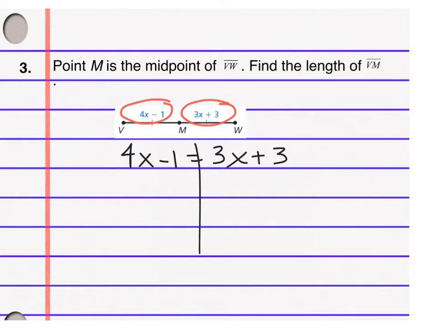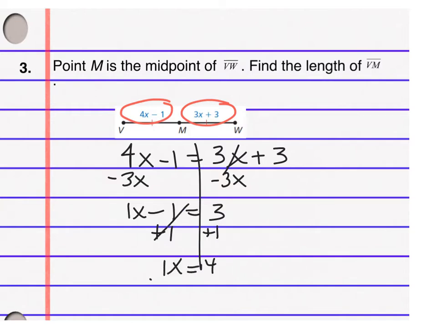You might want to pause the video, see how your algebra skills are, and just see if you can solve this. There's lots of ways you could do it, so if you do it different than me, that doesn't mean it's wrong. I like to move the smaller x first. That's just my preference. 4x minus 3x is 1x. Add 1. So it looks like x is going to be 4.